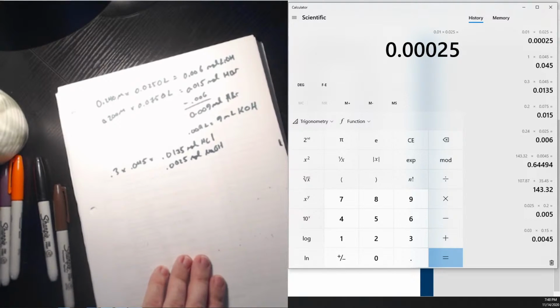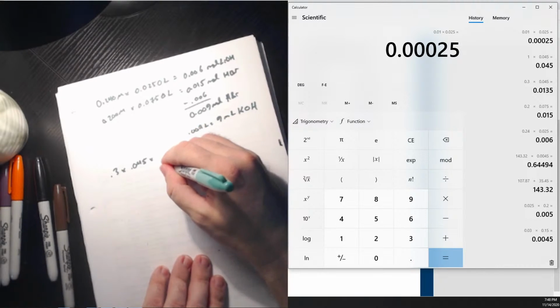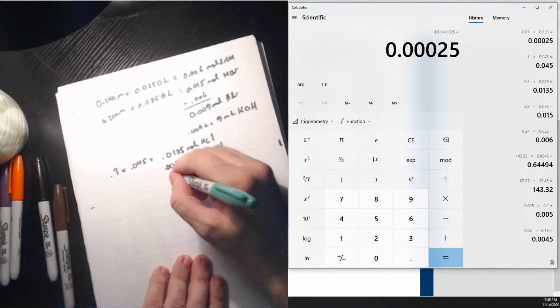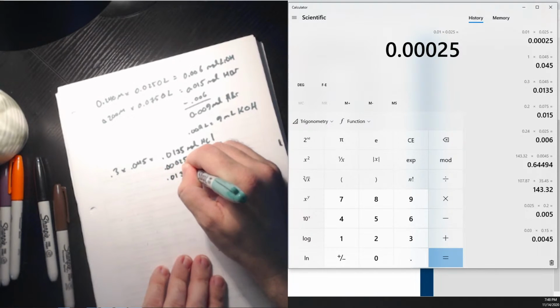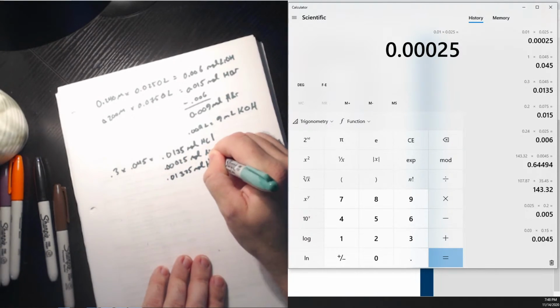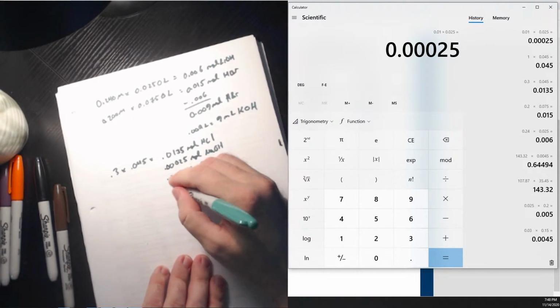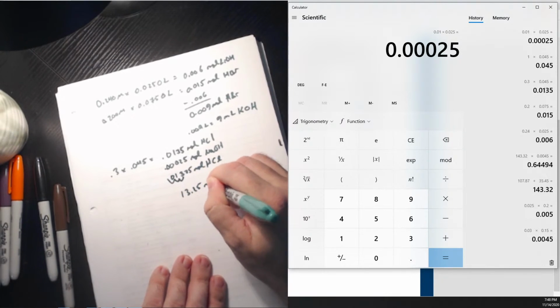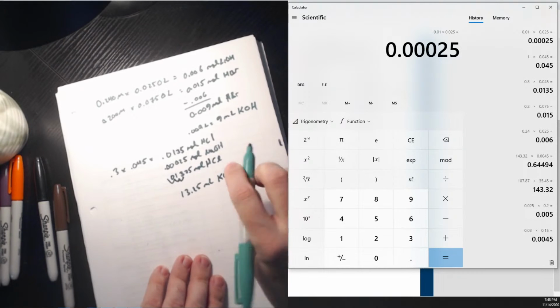Did I do 0.01? Yes, I did. And I should have, because it's 10 mils. All right, so it's 0.00025. So it's 0.01325 moles HCl. So we need 13.25 mils of the KOH.